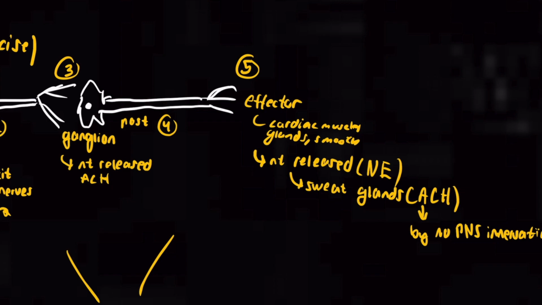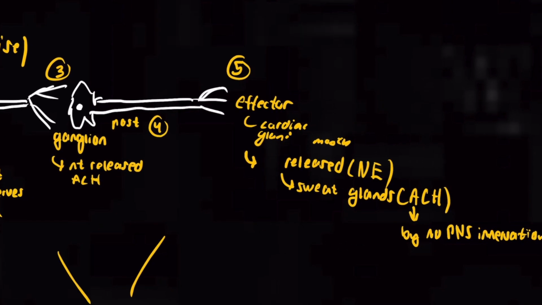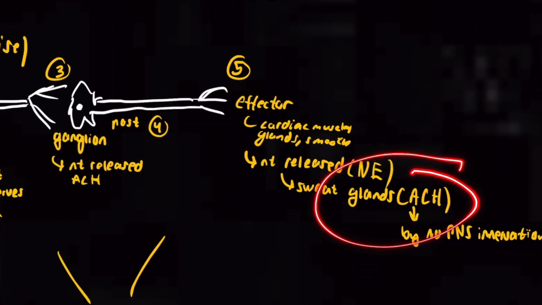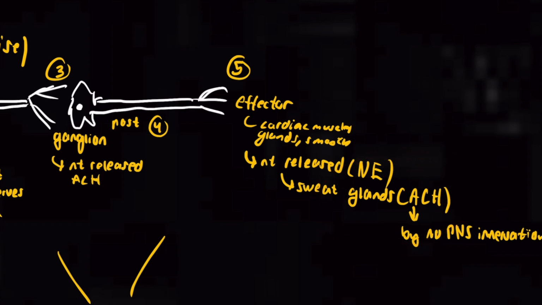However, there is an exception to this in our human physiological body. That would be sweat glands. Sweat glands actually have no innervation from the parasympathetic. Therefore, they only release acetylcholine. Okay, so for the rest of the sympathetic, they will release norepinephrine.